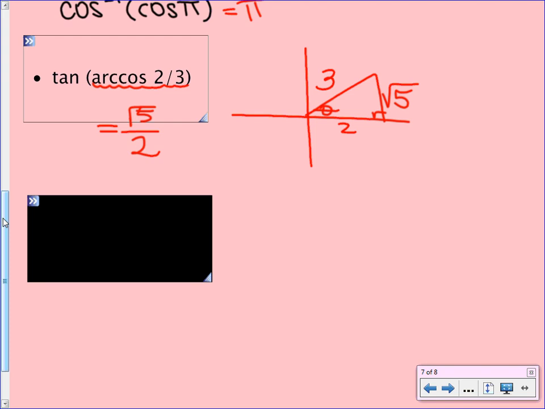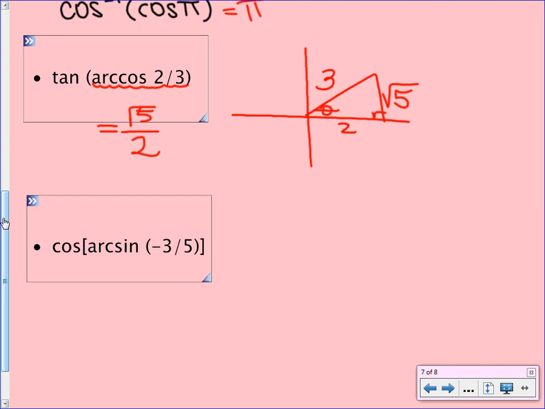Now I just want to talk through this one. If I have the cosine of the arc sine of -3/5, where would we draw our triangle? We'd have to draw it in the 4th quadrant, wouldn't we? Because we have a negative with our inverse sine.